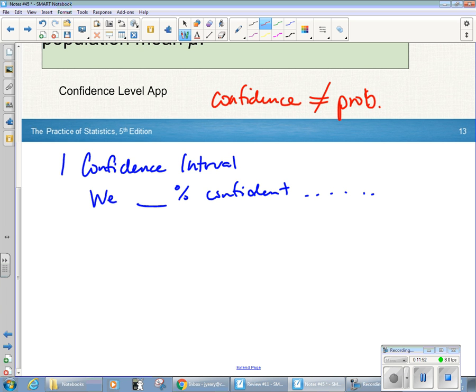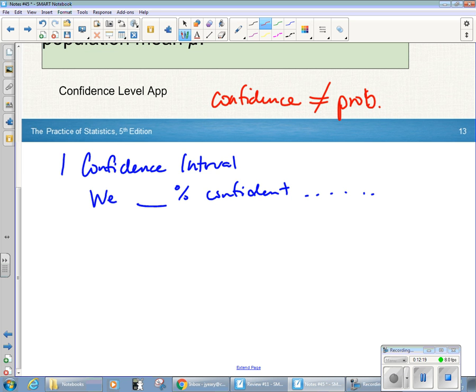It was a long run situation. With a confidence interval, you have only collected one sample, done one set of calculations, and made one conclusion. That does not constitute probability. Confidence and probability are two totally different things. So just because there are percentages there, do not equate that to meaning probability, because it's not.